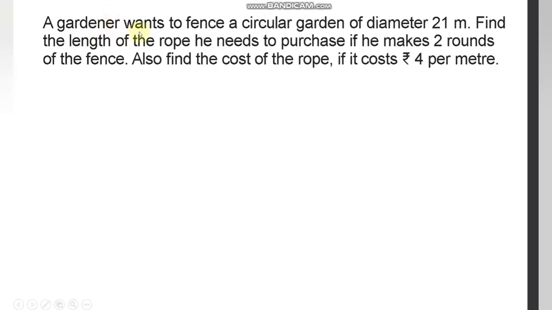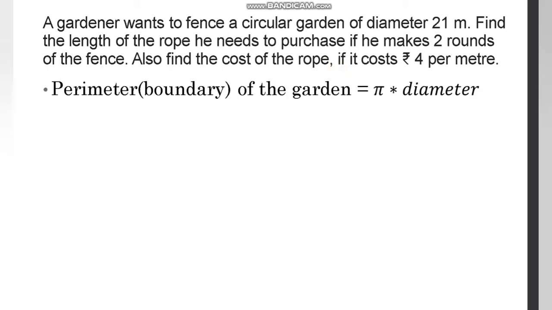Question is, a gardener wants to fence a circular garden of diameter 21 meter. Find the length of the rope he needs to purchase if he makes 2 rounds of the fence. Also find the cost of the rope if its cost is 4 rupees per meter. Now perimeter or boundary of the garden, you know that circumference is pi into diameter and diameter is given 21.